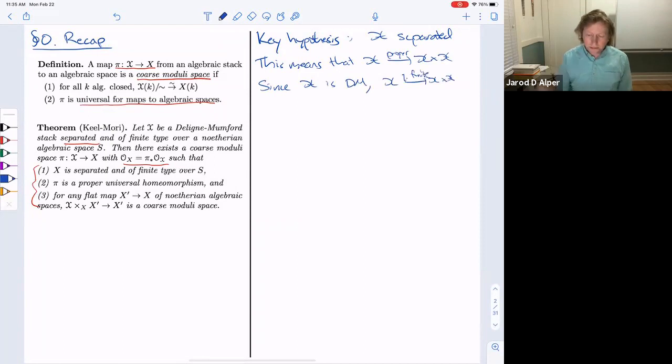Well, it's even unramified. And for a morphism of schemes, proper and quasi-finite is equivalent to a finite morphism. So this implies even that for a Deligne-Mumford stack, X is separated if and only if the diagonal is finite.